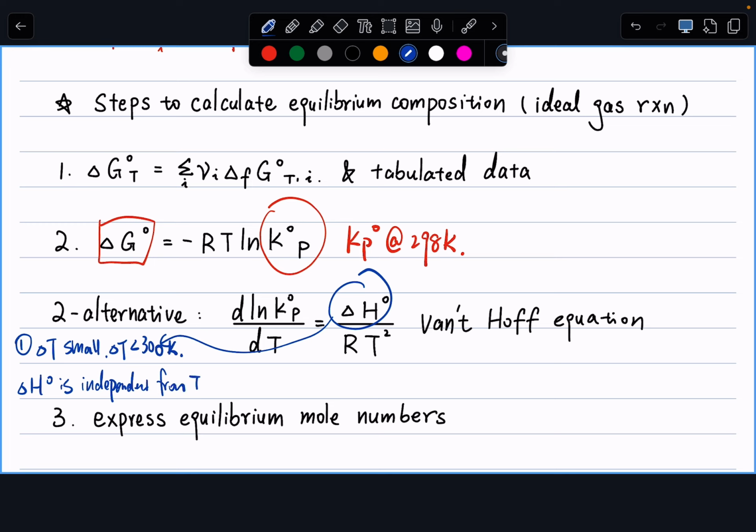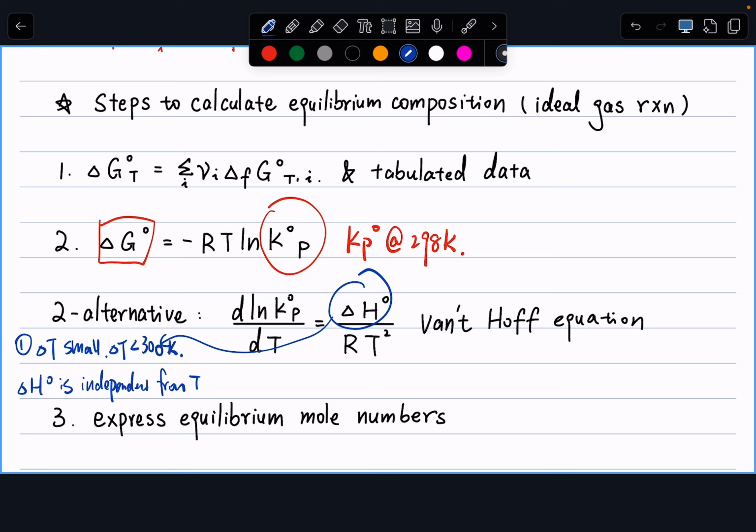Within this range, let's say, for example, you were asked to calculate the equilibrium constant at 398, which is only 100 Kelvin away. How do we solve for it? We can solve it by just doing the integral. So scenario number 1, delta T smaller than 300 Kelvin.